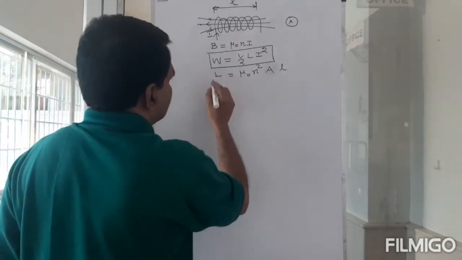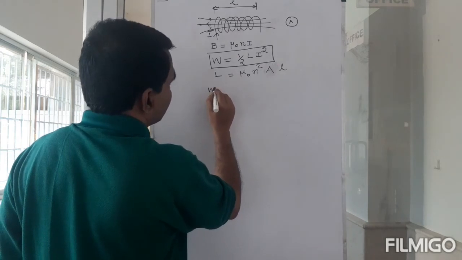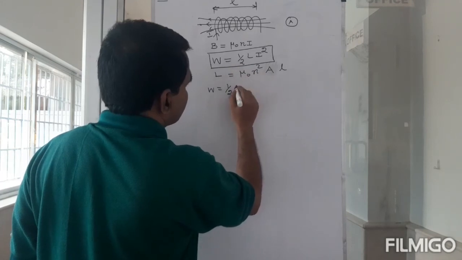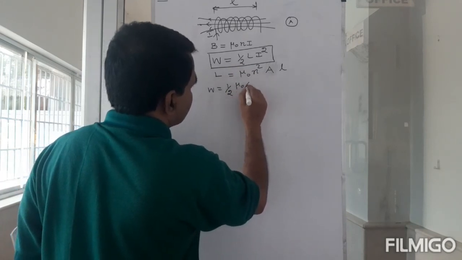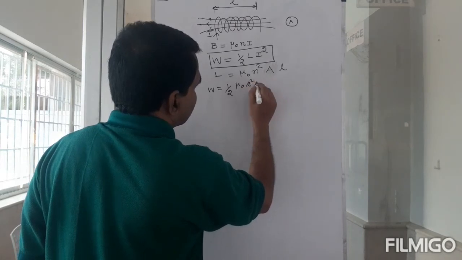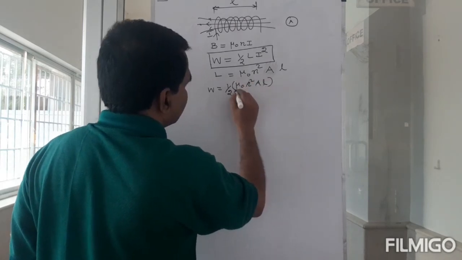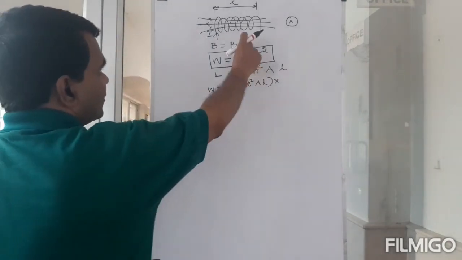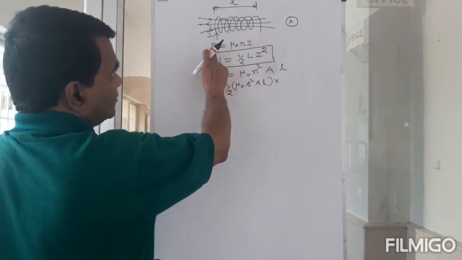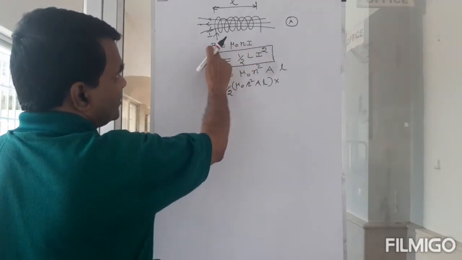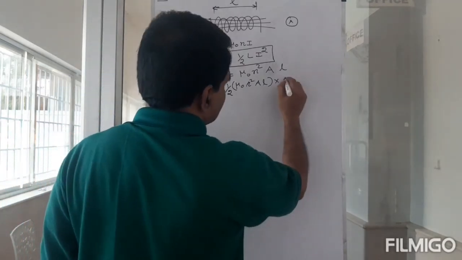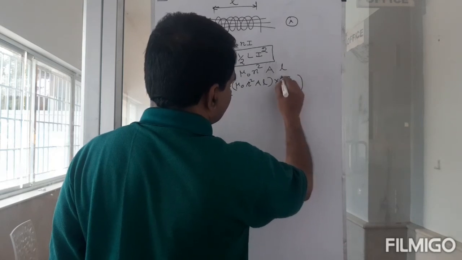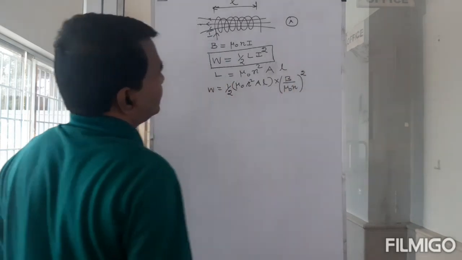Now I am going to plug these things in. So W is equal to half into L, which is mu naught N squared A l, and then into I squared. Can I get I from here? B is equal to mu naught N I, so I will be B divided by mu naught N, the whole square.